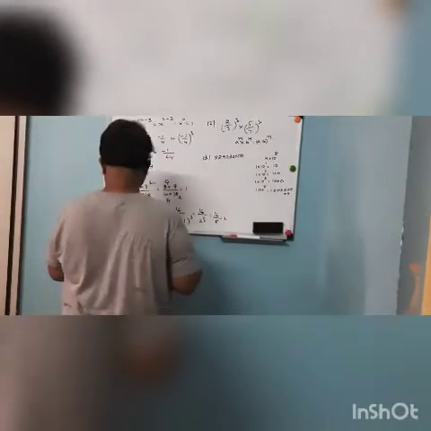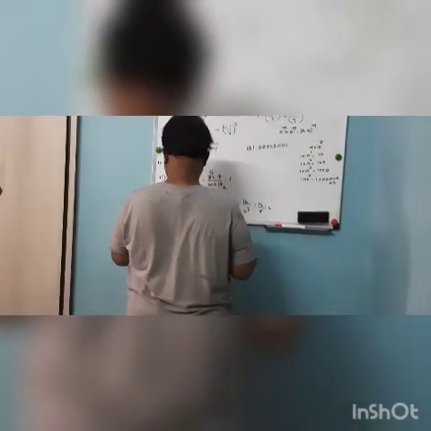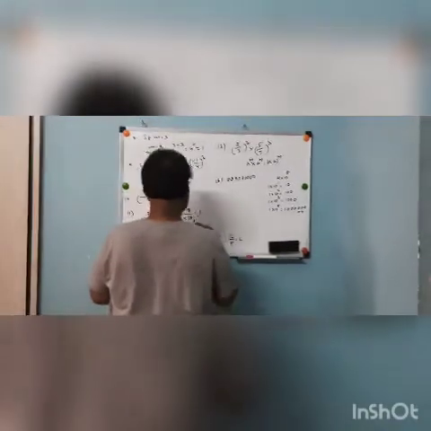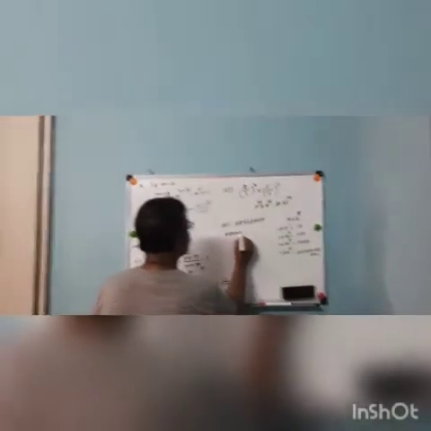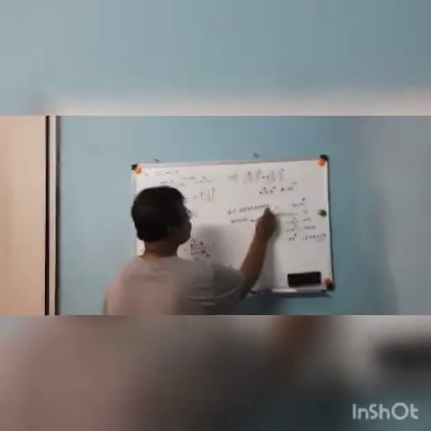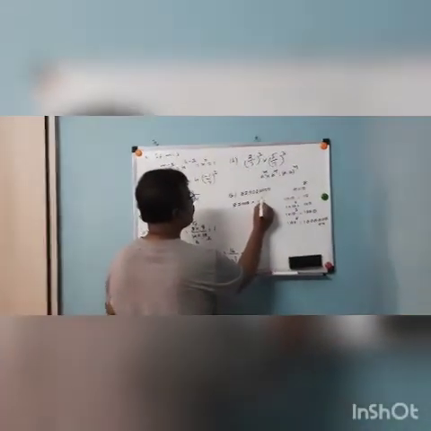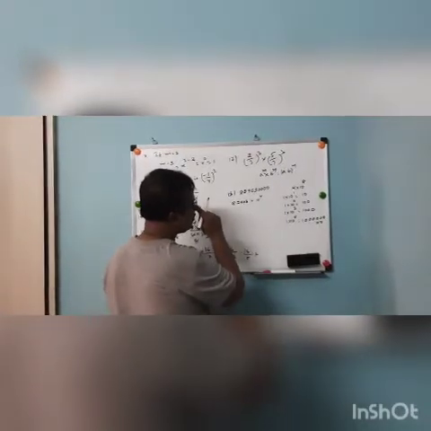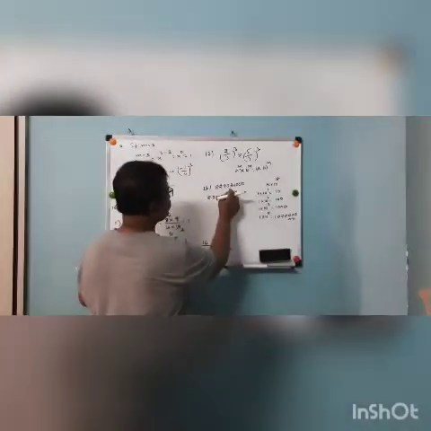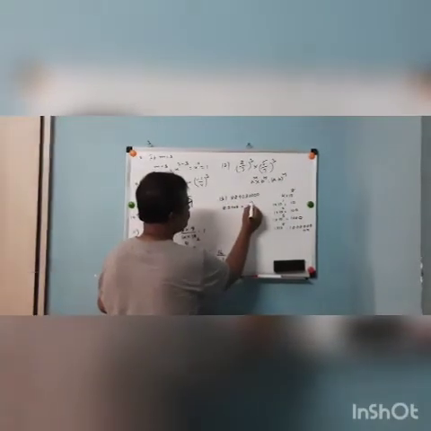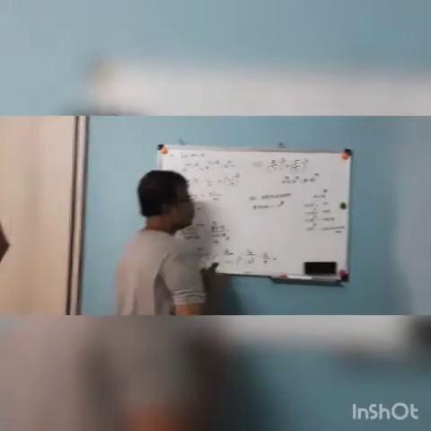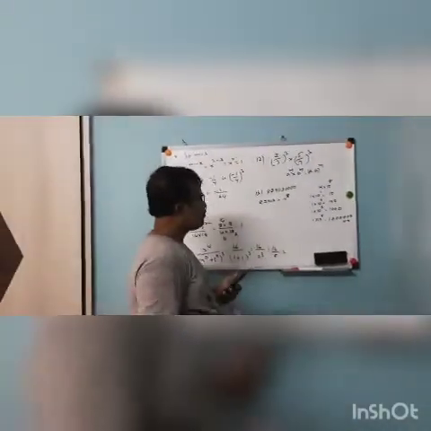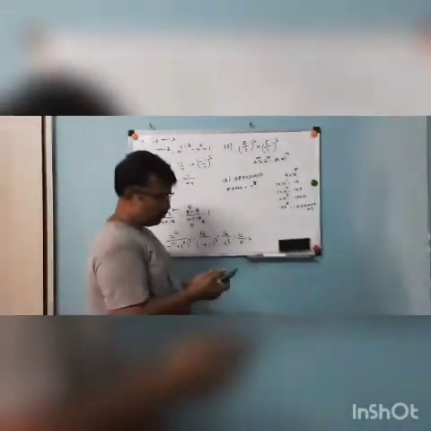First we can write it as 8.2903. So 4 zeros are there, that's why 10 power 4, next 2903. Here 4 zeros are there. So that's why 10 power 8: 8.2903 into 10 power 8.